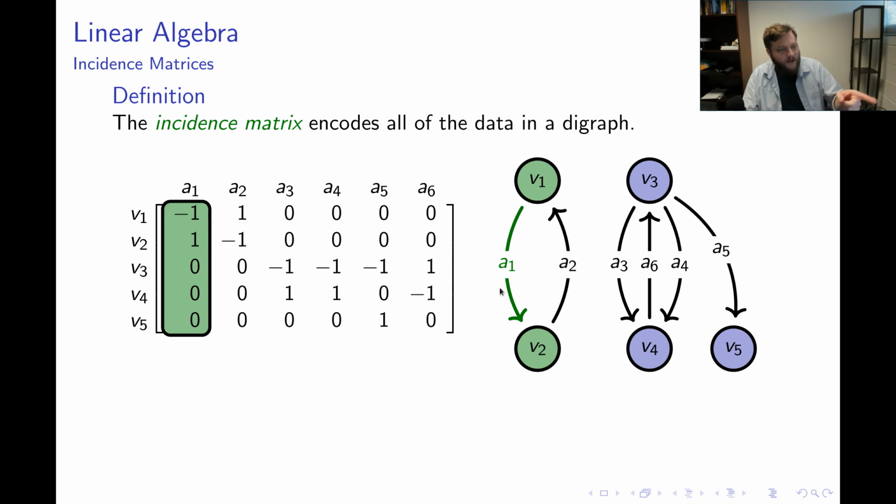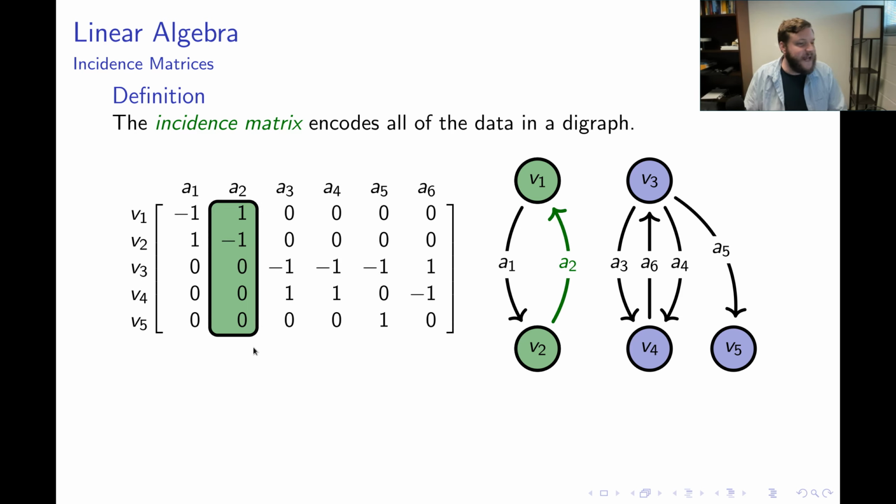Now, A1 terminates at the node V2, so we put a 1 in the V2 position. Because this arrow A1 ignores all of the 3 other nodes, we put zeros in those other positions. And this is how every column of the incidence matrix works. If I go to the second arrow, it is represented by the second column. Now the second arrow starts at V2 and terminates at V1.